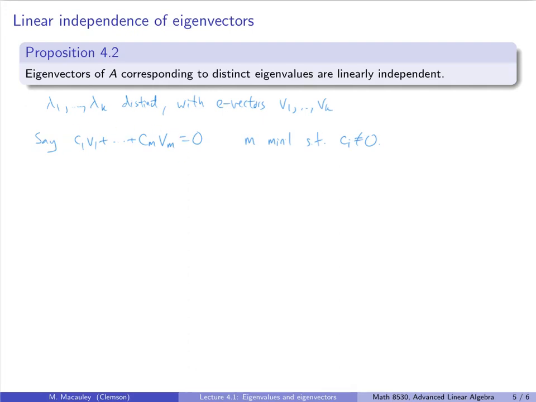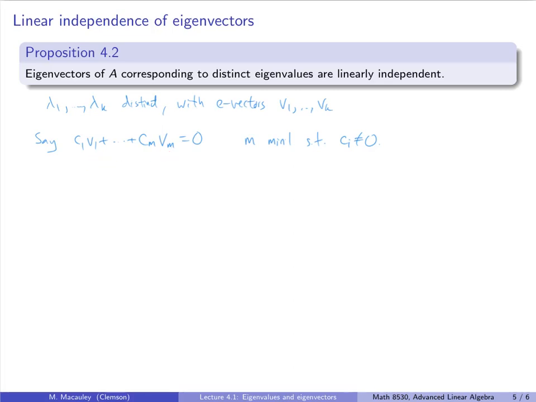So we might as well assume they are all non-zero. Otherwise, we can just ignore those particular eigenvectors. And let's let m be the minimal such linear combination. So what we will do is we will contradict minimality by coming up with a linear combination that has fewer terms.